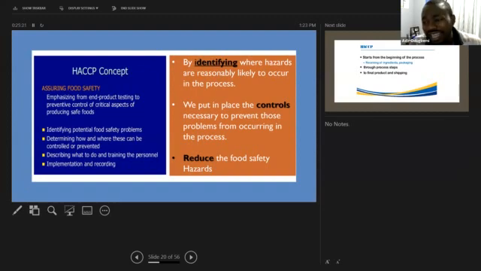HACCP is about understanding what hazards are in your operation and controlling them. It's about determining the severity and the likelihood. If this thing happens, how bad is it going to be? What are the consequences? It is about understanding what training do I need to give to my people. And it is about writing it down and having a good document to justify what I'm doing.